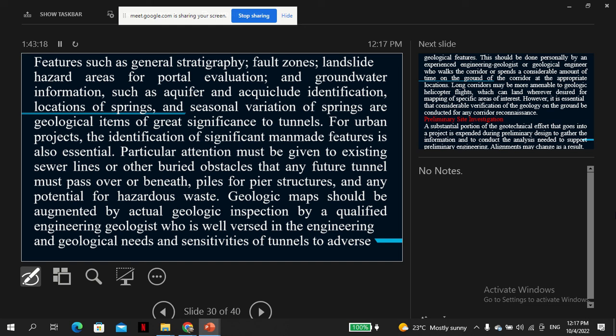So the map is a good guide, yes, but you need to go to the ground and see whether what is in the map coincides exactly with what is on the ground. And in countries like ours, where there are a lot of issues like land grabbing, so many things change. It might show that there's a government facility here, or a sewer line here, but probably someone already grabbed it, and things have changed.